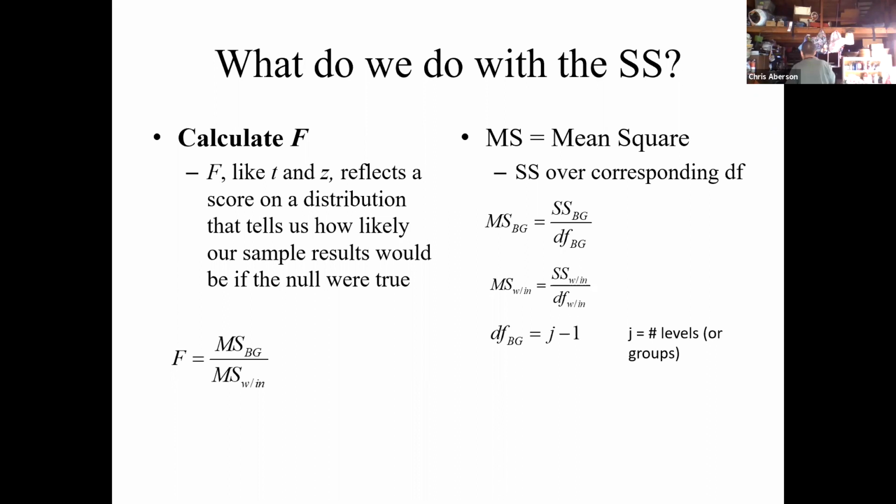So if we had 3 groups, j minus 1 would be 2. Degrees of freedom within is n minus j, number of people minus the number of groups. With the t-test, this was number of people minus 2. Why 2? Well, 2 is the number of groups you have. It's the same concept. We just have something that varies now because we can have 2 or more groups.